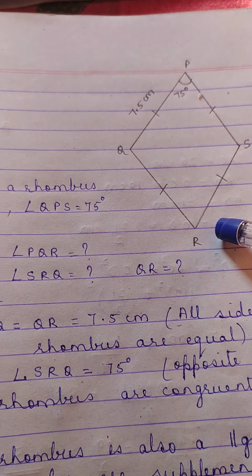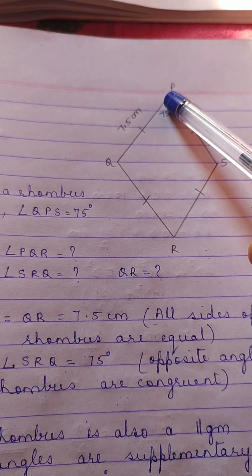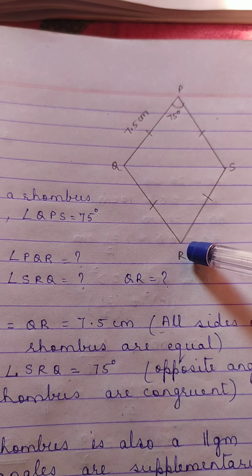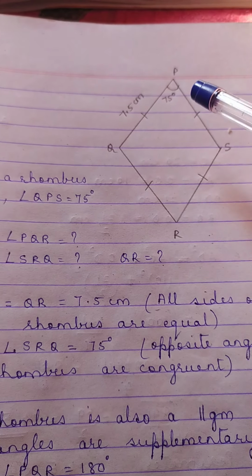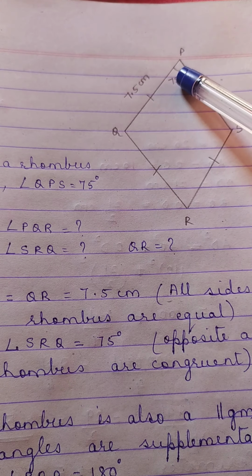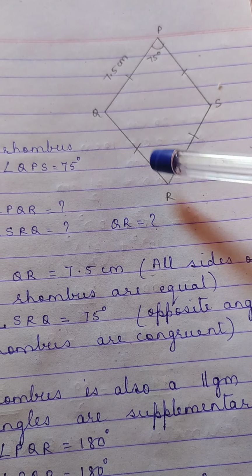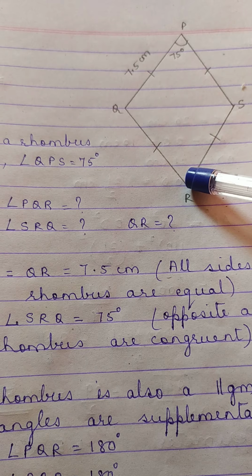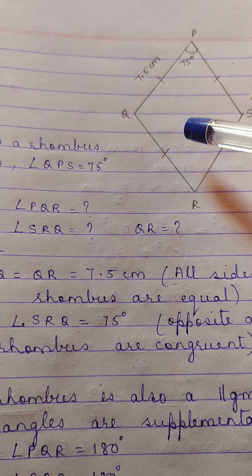They have asked you QR. This also will be 7.5. We know in a rhombus all four sides are congruent. So if this is 7.5, all four sides are 7.5 centimeter each. Next, they have given you this angle is 75 degrees. They have asked you what is angle SRQ or QRS. This also will be 75 degrees because opposite angles of a rhombus are congruent.